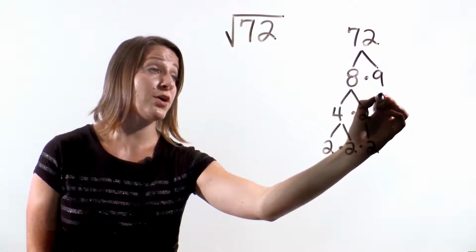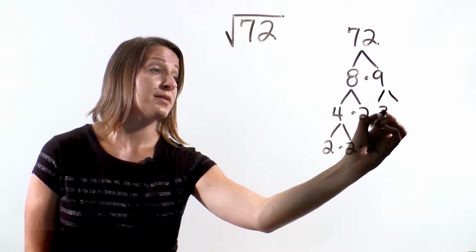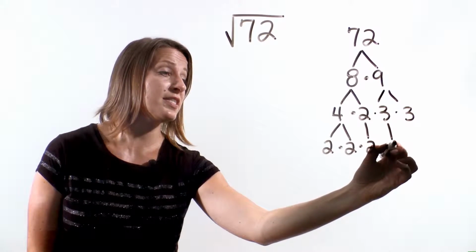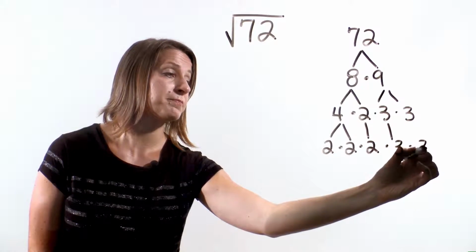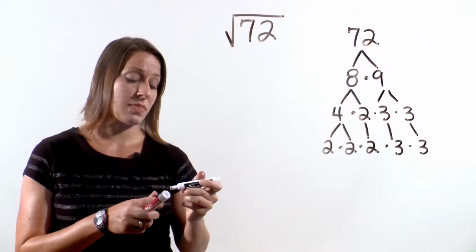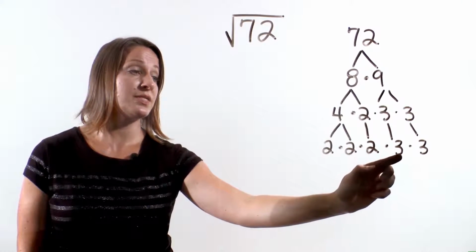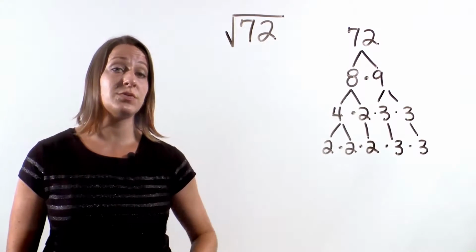And then we're going to break apart our 9 to be 3 times 3. We'll go ahead and drop everything down to this bottom level. So that 2 times 2 times 2 times 3 times 3 still equals our 72.